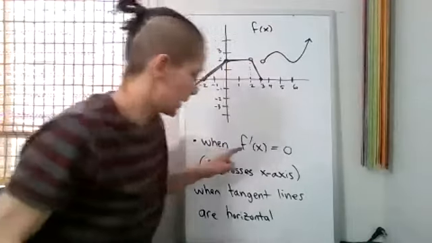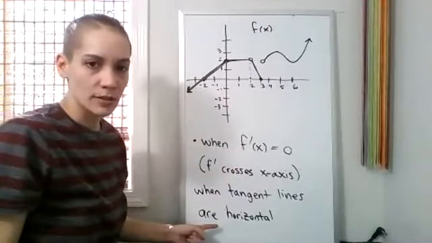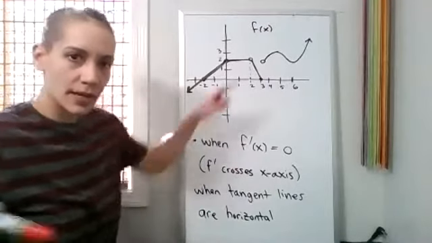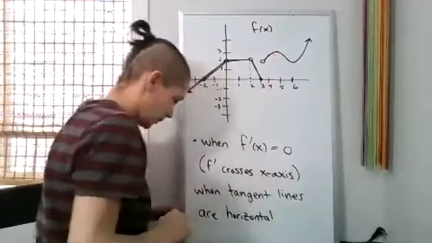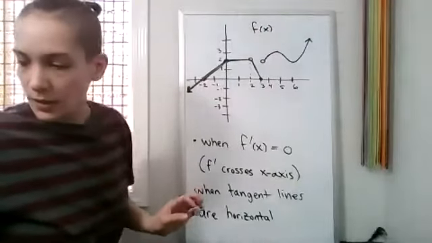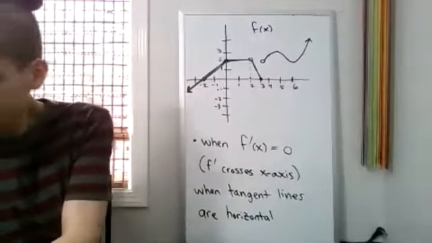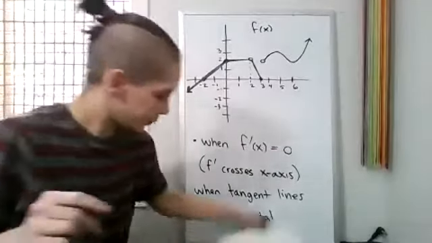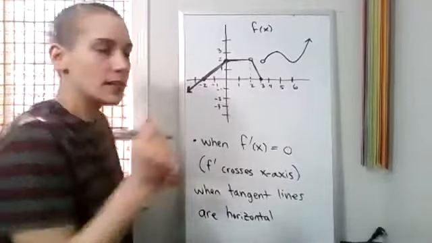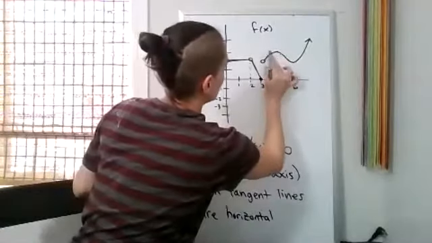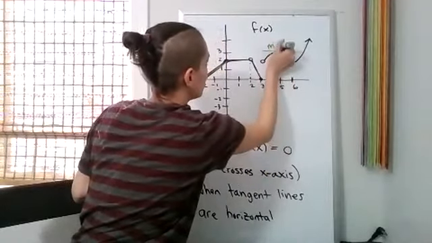Let's talk about f prime. F prime of x equals 0 when your tangent lines are horizontal. That's going to happen right here at the peak, a flat, horizontal line, which means the slope is 0.